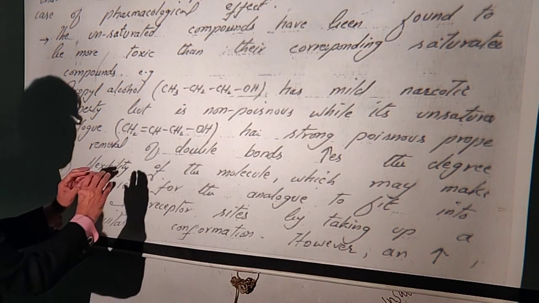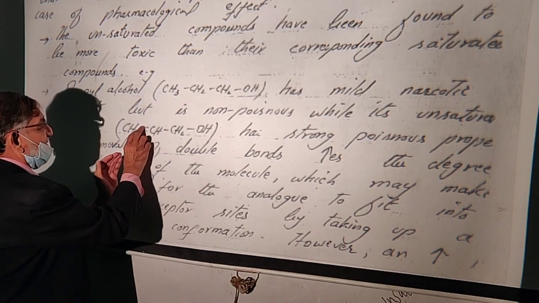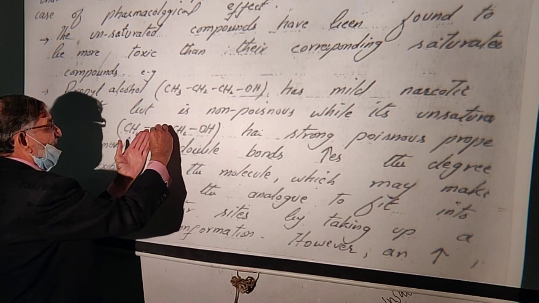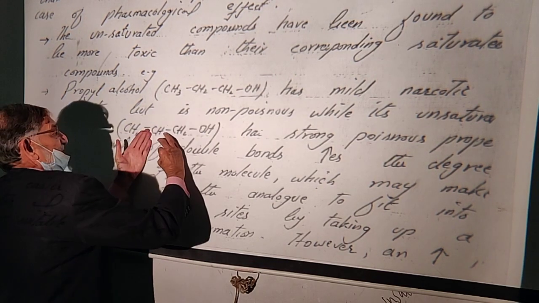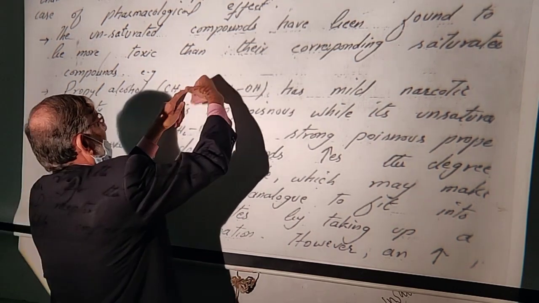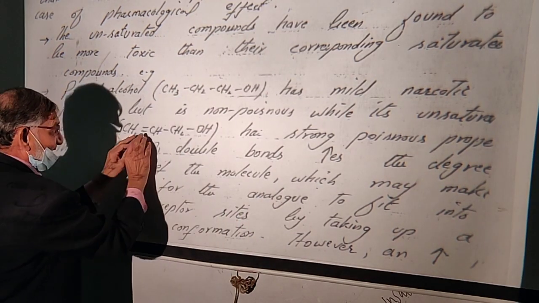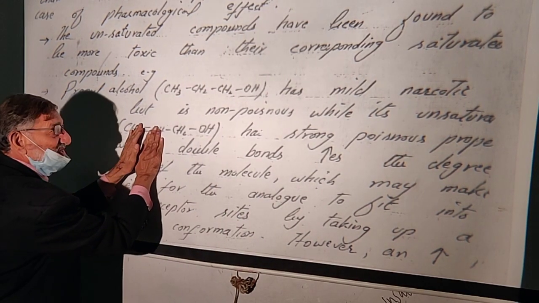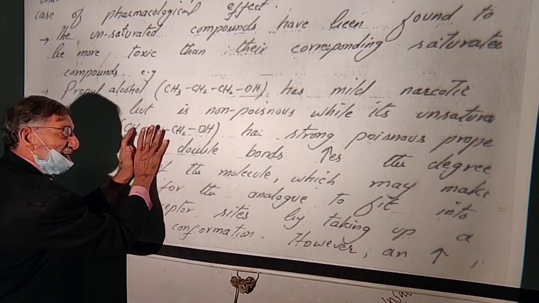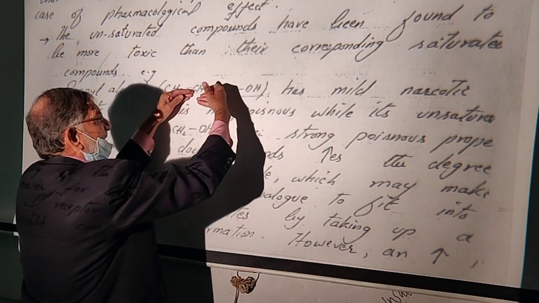Look at the double bond: if this is the double bond, the molecule cannot rotate in this way. But if it is a single bond, it can rotate like this. So this double bond gives rigidity to the molecule, non-flexible. This is flexible. It keeps on rotating like this.